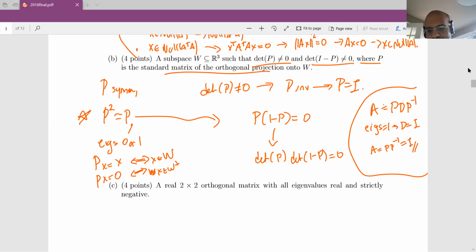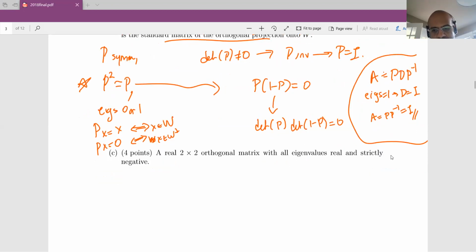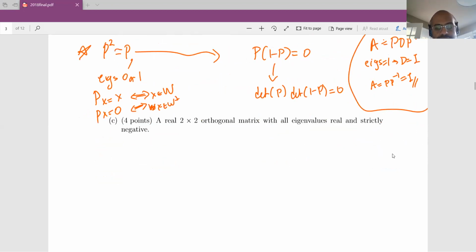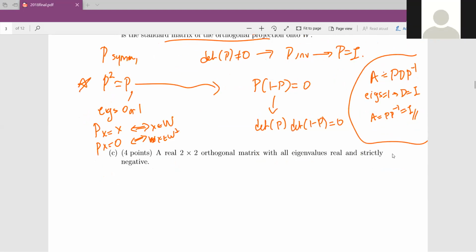By the way, this is not true for non-diagonalizable matrices. Anybody have an example of a non-diagonalizable matrix with all eigenvalues equal to 1? It's a side question. 1, 1, 0, 1.